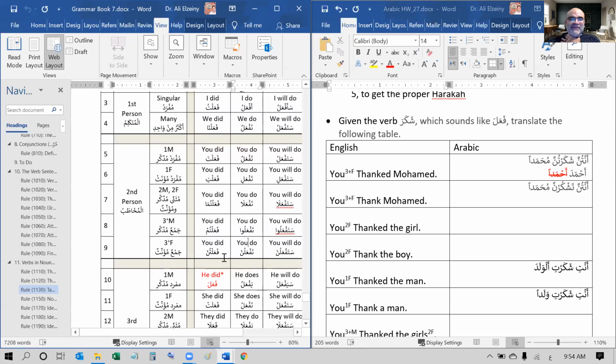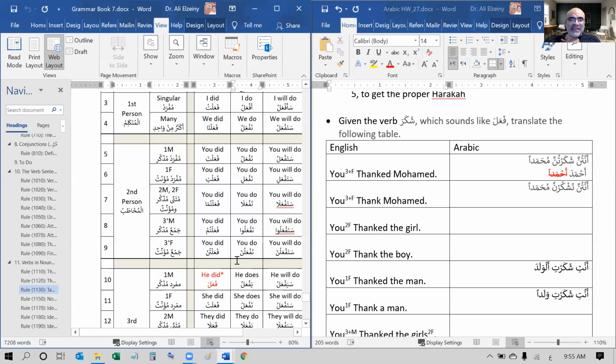Why? Because fa'ala is fa'altun. In order to write a table like this, we have to select a verb. We can select any verb to write the table. However, the standard way is to use the verb fa'ala. And then every time you convert another word, you convert it based on the sounding or the wazn. So zar'a becomes tazra'u.